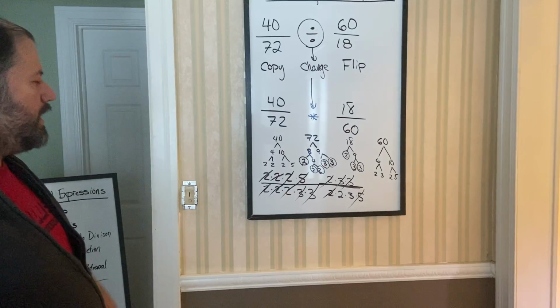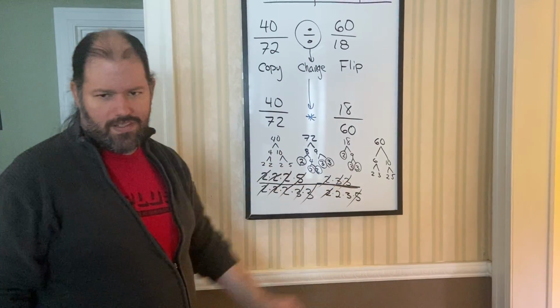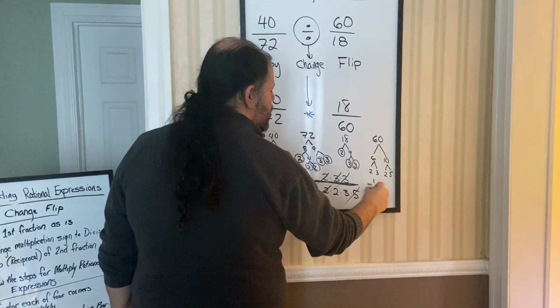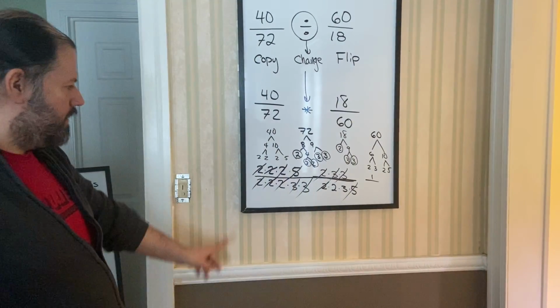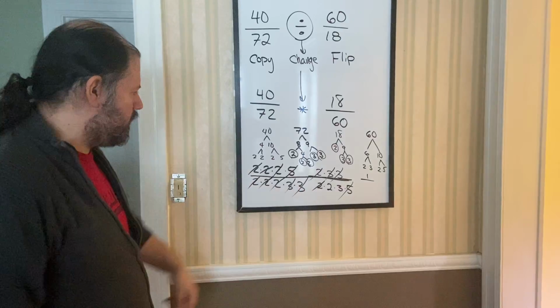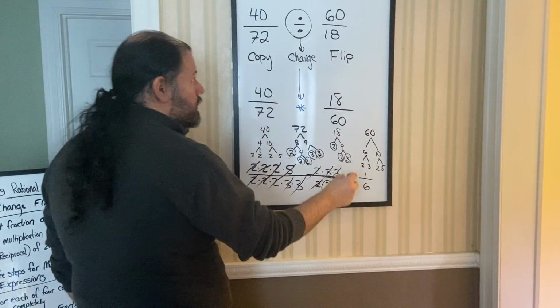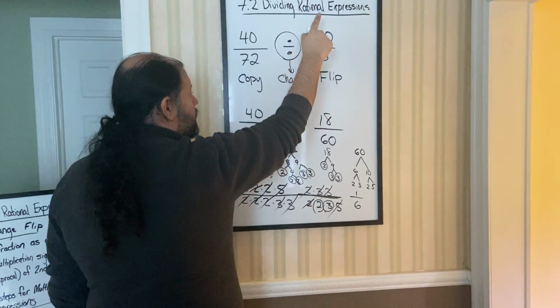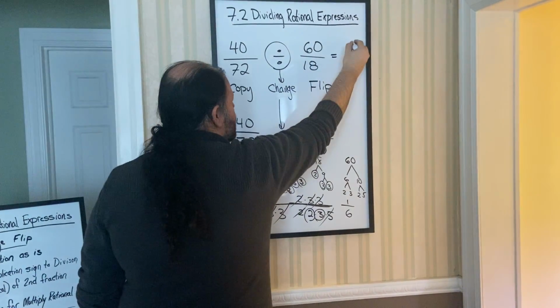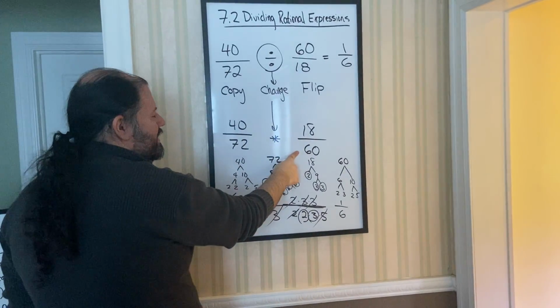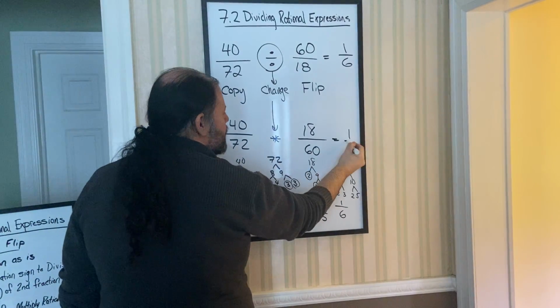And then we told you, if there's nothing left on top, there's always an understood 1. Do not leave it blank. And then what's left on the bottom, we can circle this 2 and this 3, so we get the 6. So this divided by this is the same thing as 1/6. Or this multiplied by 18/60 is also 1/6.